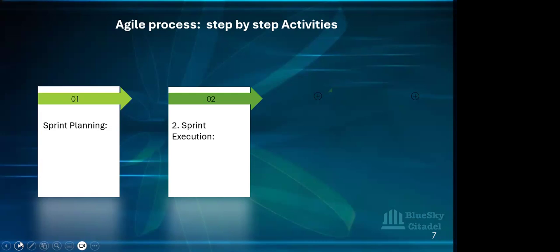Within there, which we're going to talk about a little bit later when we look more at the different meetings and attendees, you will have your stand-ups, where the Scrum Master will make sure that the team is still aligned, and we're looking at the progress and discussing any impediments that we may have.